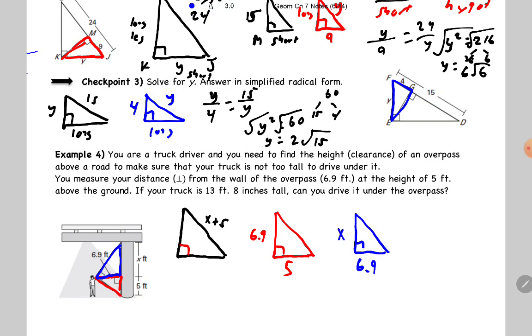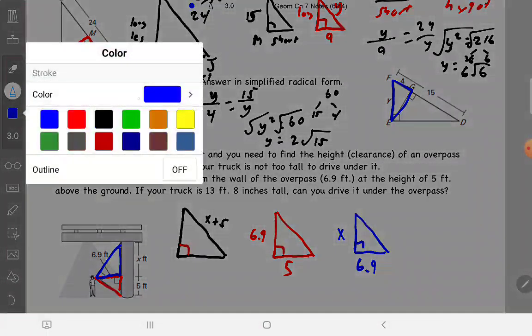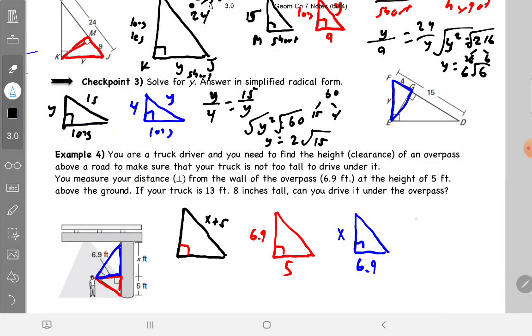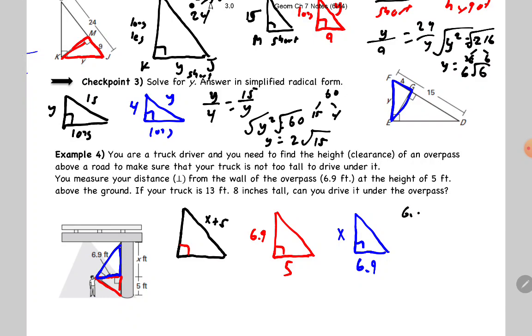So we're going to be using proportion using the red and blue triangle. So long leg of the red triangle over long leg of the blue triangle, set that equal to short leg of the red triangle over short leg of the blue triangle. So 5x equals 6.9 squared, which is 47.61.